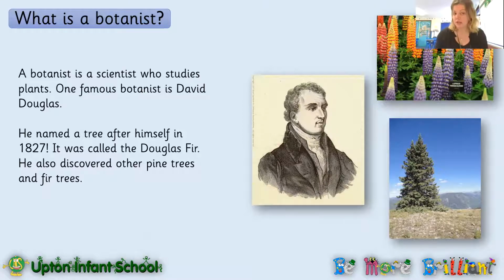Now, he named a tree after himself in 1827, and he called it the Douglas fir, because that was the tree he discovered. And he also discovered other pine trees and fir trees as well. Okay, so he's a botanist. He is someone who studies plants. And we're going to be doing that this week.